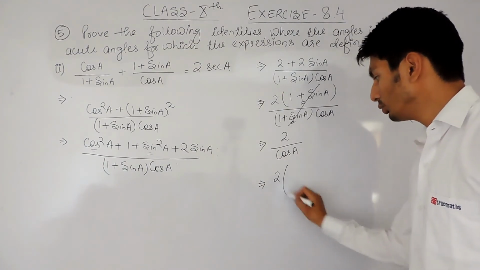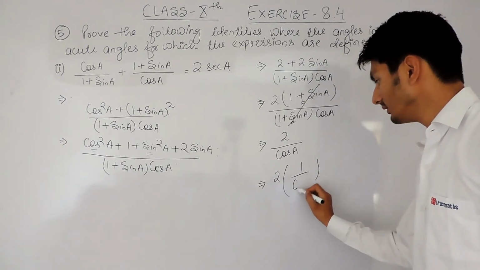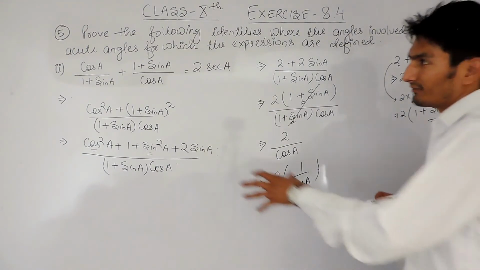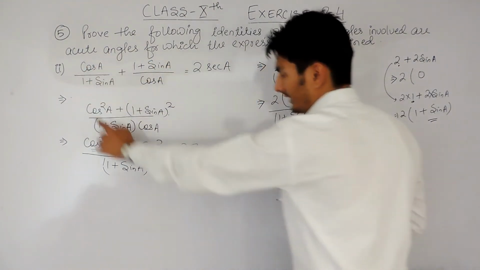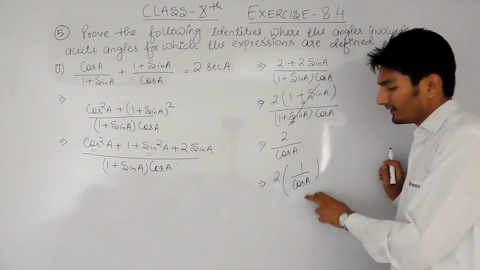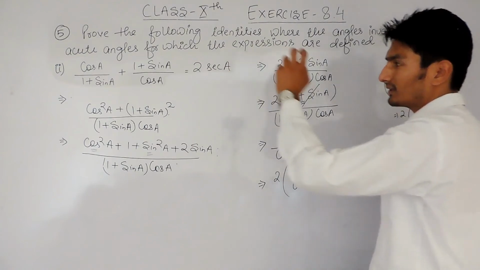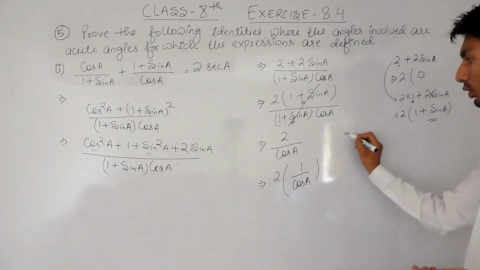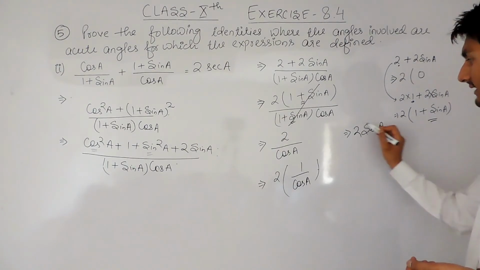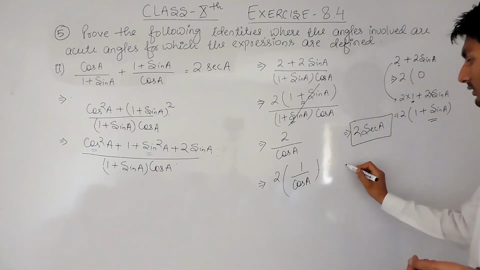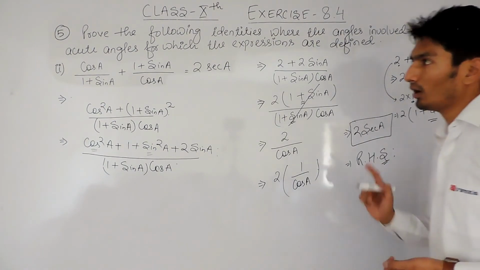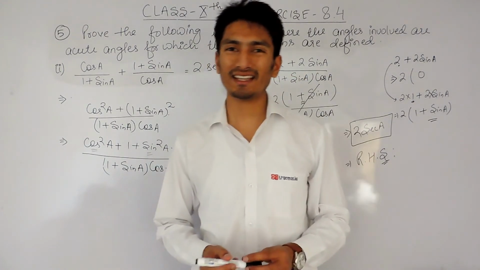This can be written as 2 multiplied by 1 upon cos A. So we have converted this expression into an expression having only cos A, and we know that the inverse of cos is nothing but sec. So 1 upon cos can be written as sec theta, and this is equal to our right hand side. So this is how you can solve this second part also.